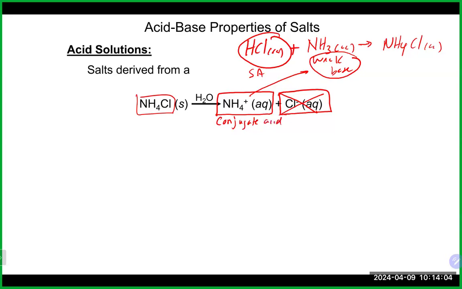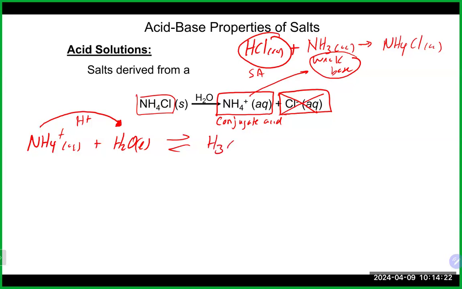And that means that when the NH4 plus reacts with water, it is going to act as an acid, which means it's the NH4 plus that is going to send the H plus over to the water. The result of that is a little H3O plus being formed. And once again, you will always make where it comes from, which is the NH3 in this particular case.